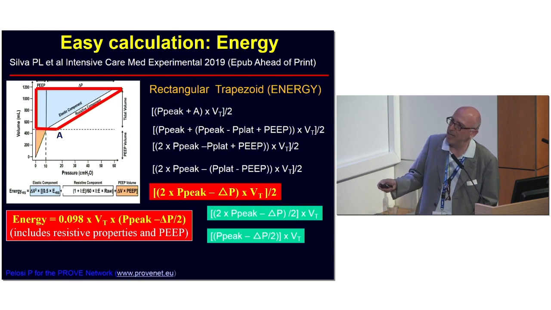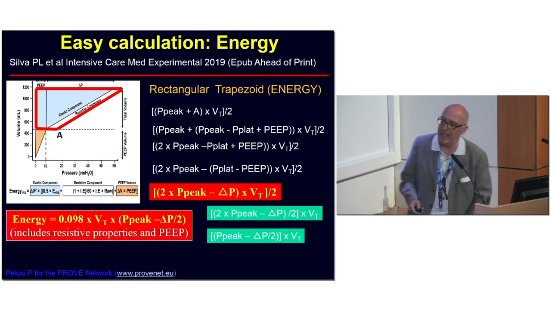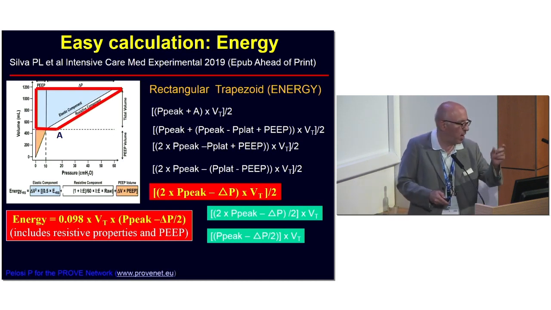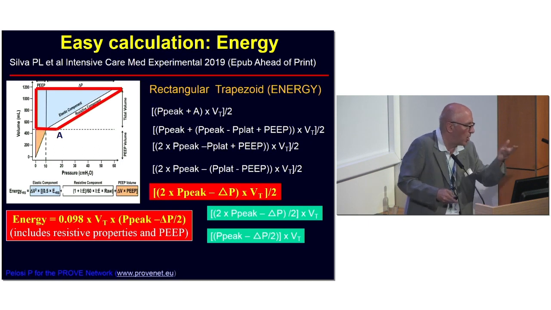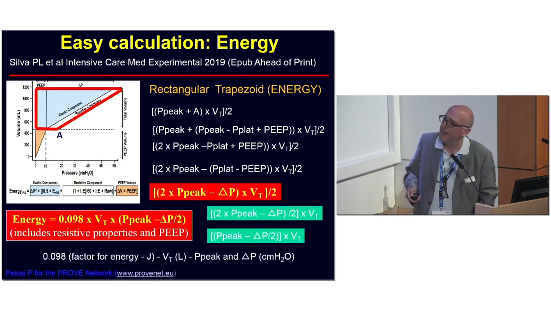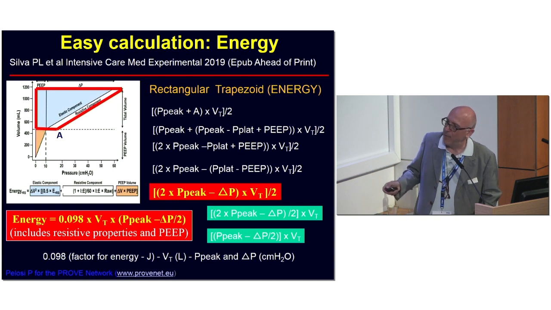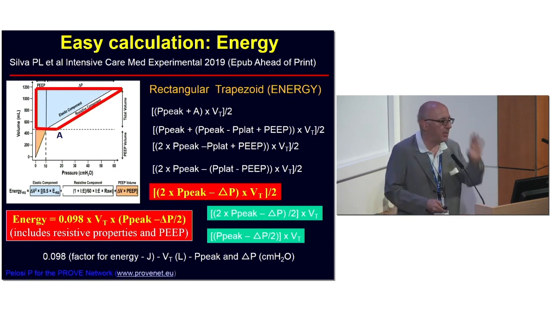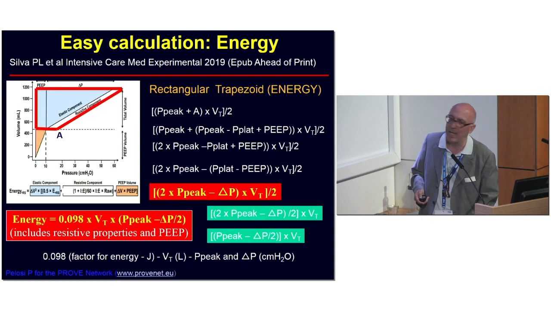So this is the energy: tidal volume times the peak minus driving pressure divided by 2, times 0.098, which is a constant to convert from centimeter of water and milliliter to joule. So this is the formula of energy, with tidal volume in liter, peak and driving pressure in centimeter of water. This is the energy delivered to the lung for each breath in controlled mechanical ventilation, in volume control.